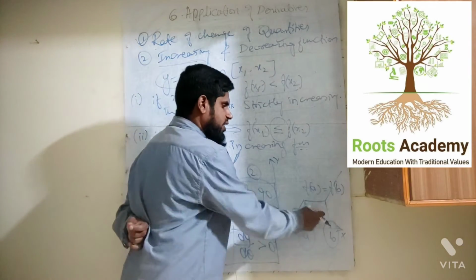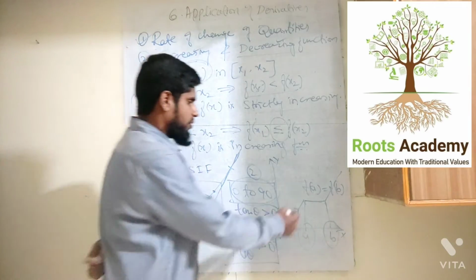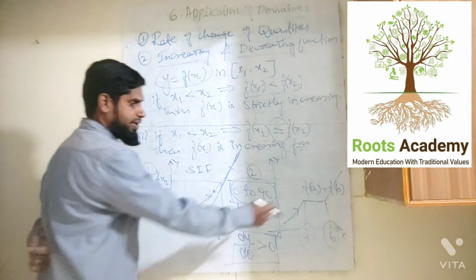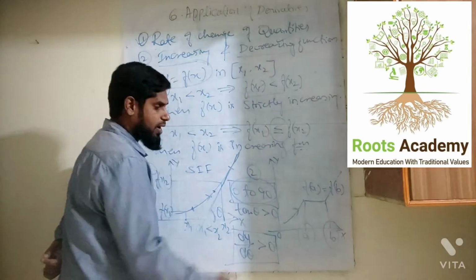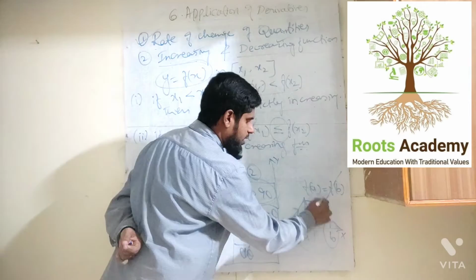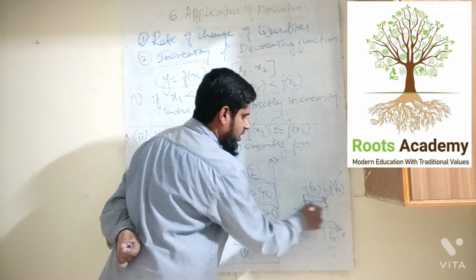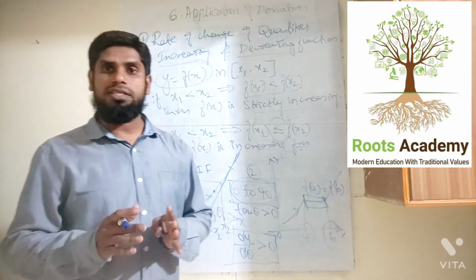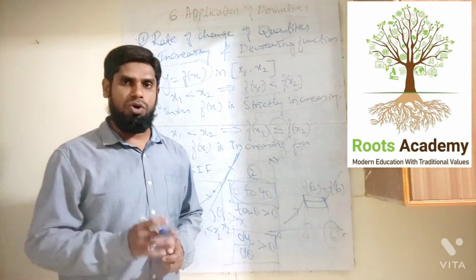Now in this case, sometimes we may get the derivative as 0 also, because from here to here it is a constant function, and we know the derivative of every constant function is 0.